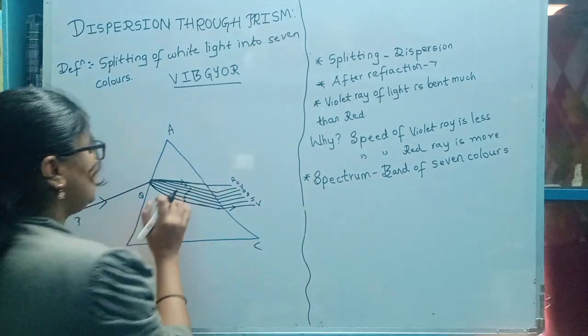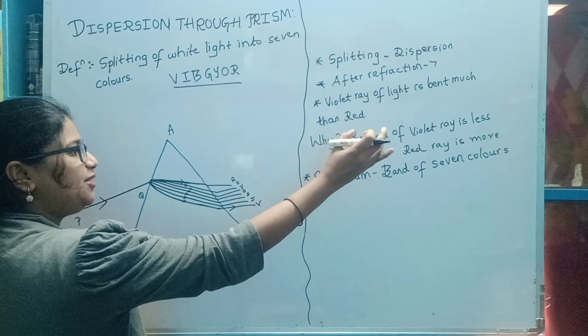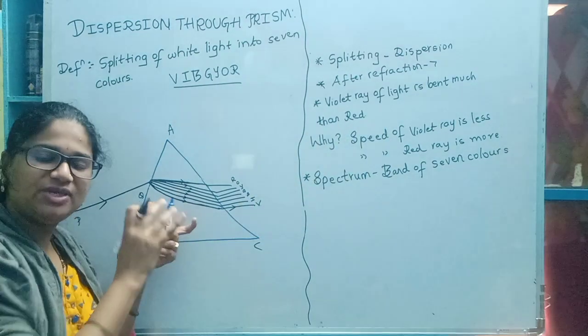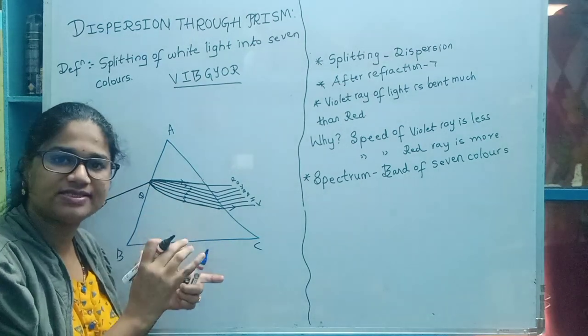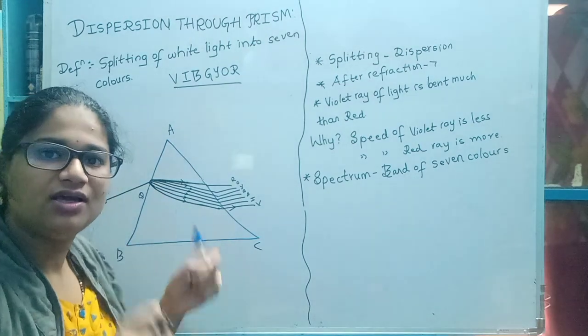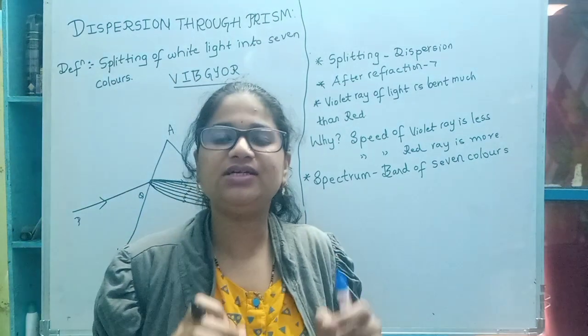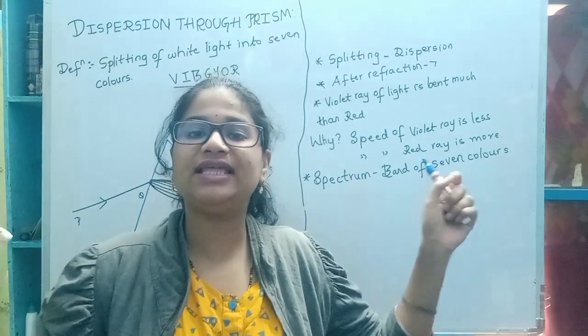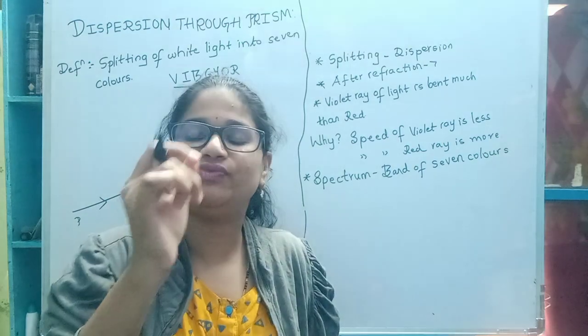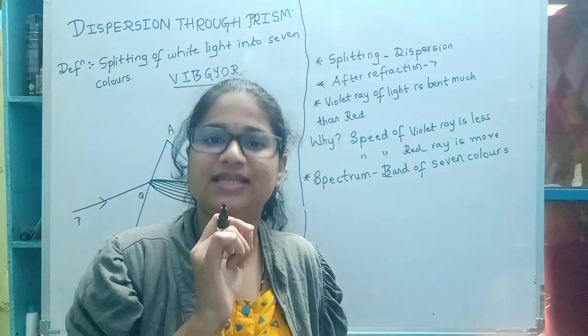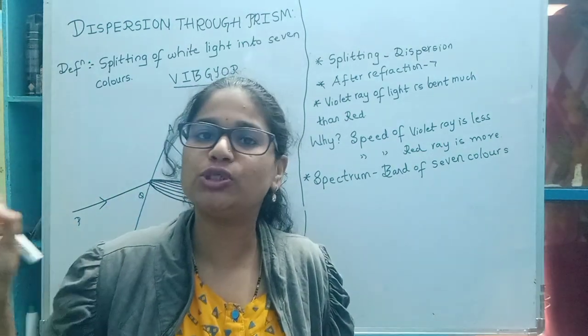Okay, then when we consider that the speed of the violet ray is less, it means its wavelength is also less. So what is wavelength? For us, we will consider light as a wave. The length of that single wave is called wavelength. When the speed of light is less, the wavelength is also less.